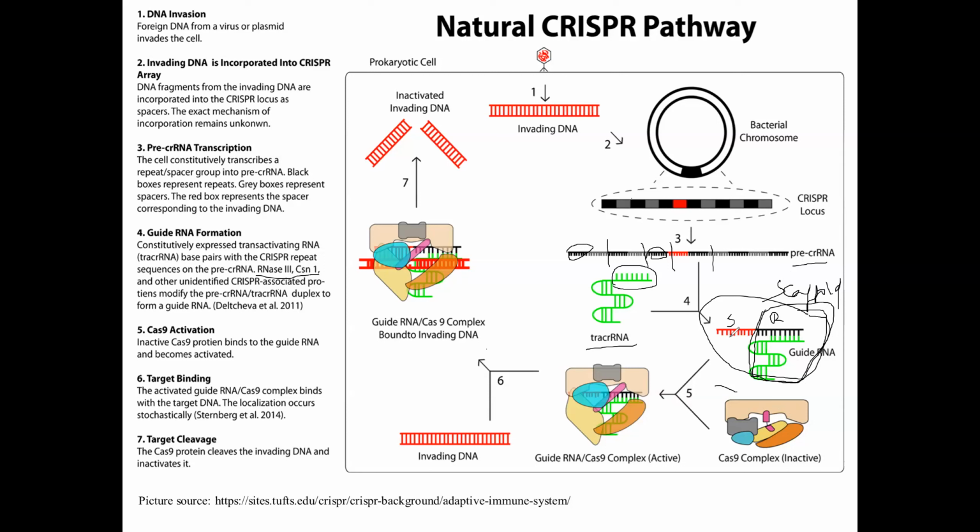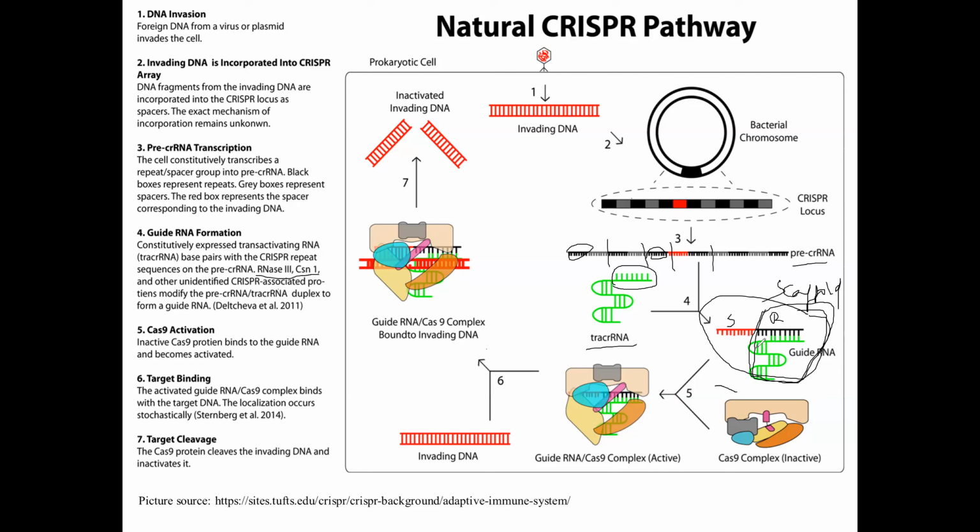The only thing that changes is the spacer, because spacers all have unique sequences. So the spacer sequence will keep on changing, but the repeat and the tracrRNA will remain the same for a given Cas9. We call this region a scaffold because this is the one which gets bound to the protein.